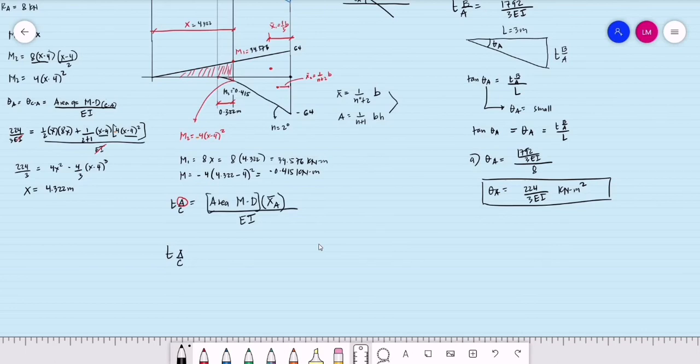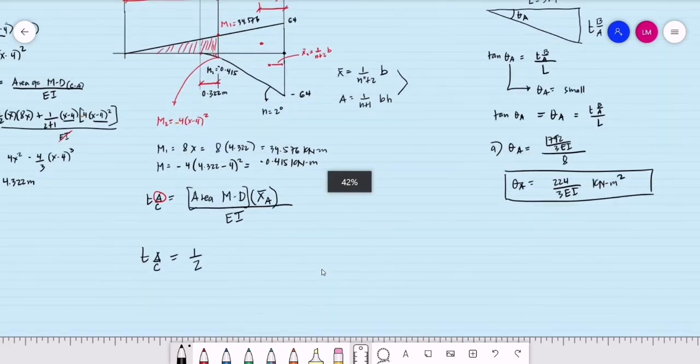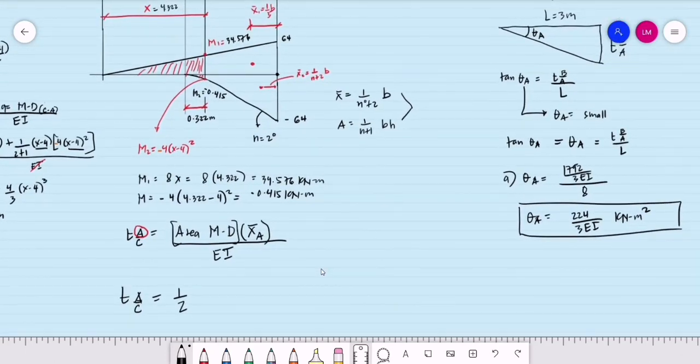From C to A is now equal to, for the triangle, 1/2. What is our base? That is 4.322 meters. Then its height is equal to 34.576.